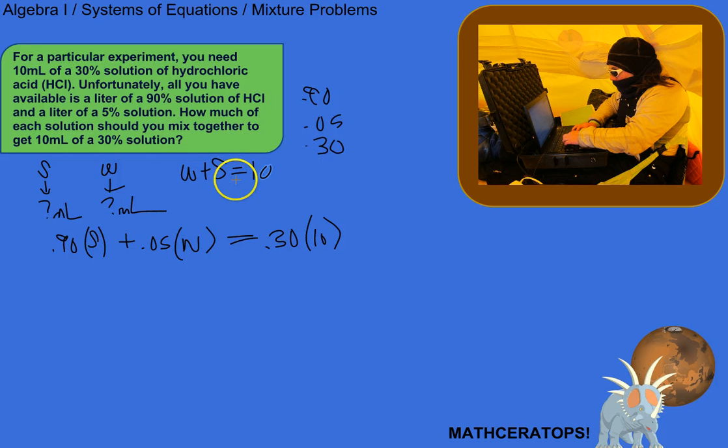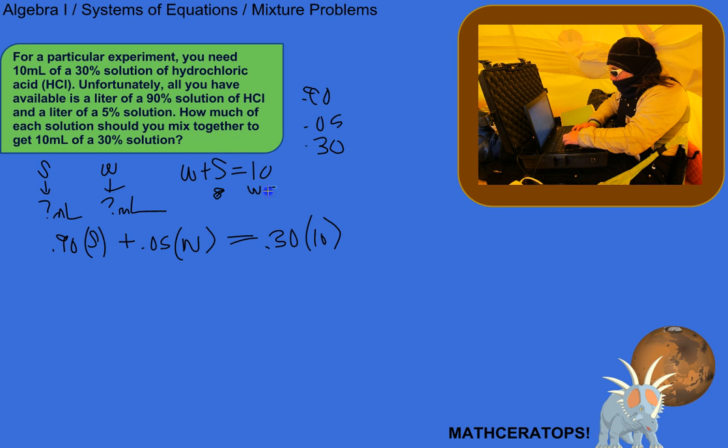All right, now we can use this to plug in for one of the variables. So rearrange this, solve for one of the variables, and plug that in so then we only have either W or S. I'm going to solve it for S. No, I'm going to solve it for W because I want to leave S in there.